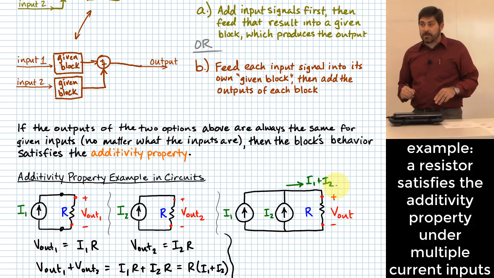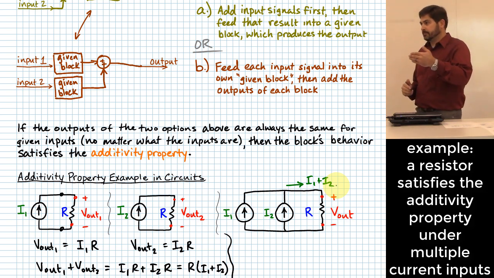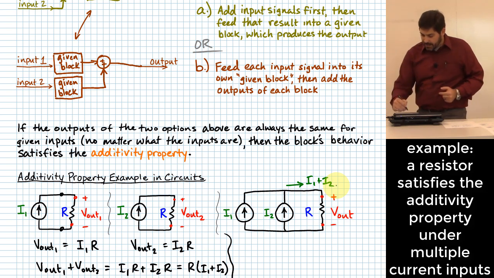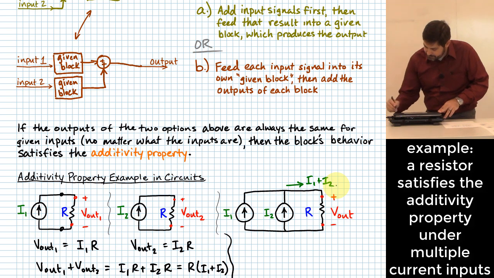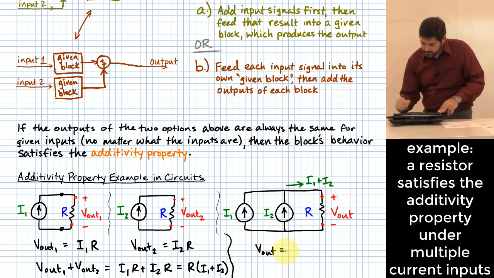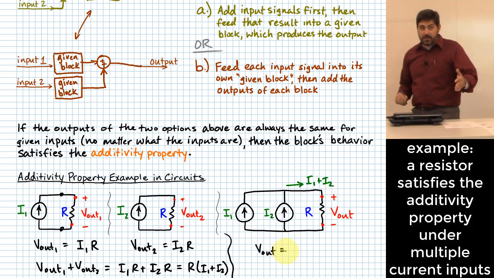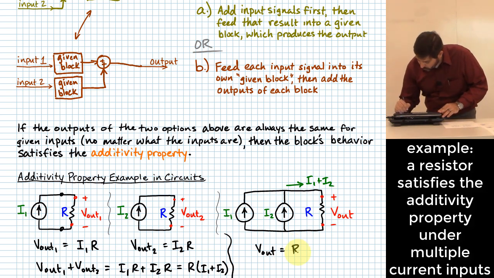As far as the resistor knows, that's what it's getting: I1 plus I2 flowing into the resistor. What is V out going to be? It'll be whatever that current is, I1 plus I2, multiplied by R. Or I could write it this way, R times (I1 plus I2).